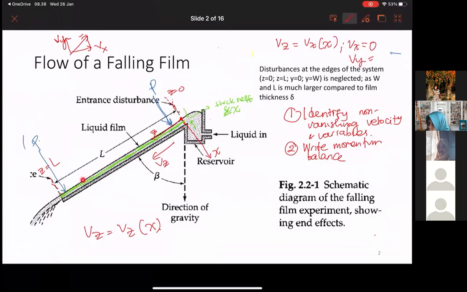On the surface is actually when x equal to 0.